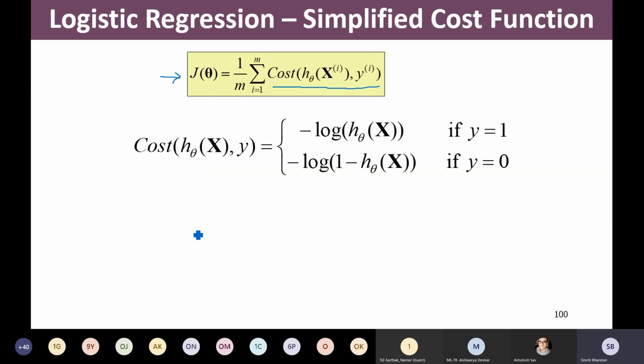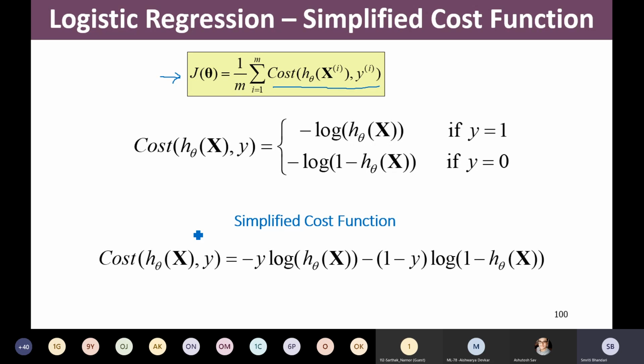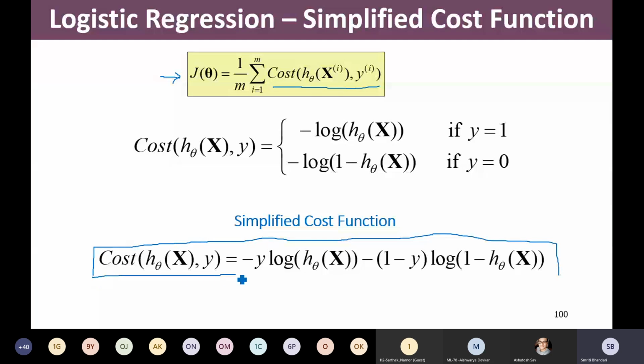But now let us try to simplify this cost function. If we simplify it, we come up with a cost function like this: cost of h theta x comma y is equal to minus y log of h theta x minus (1 minus y) log of 1 minus h theta x.